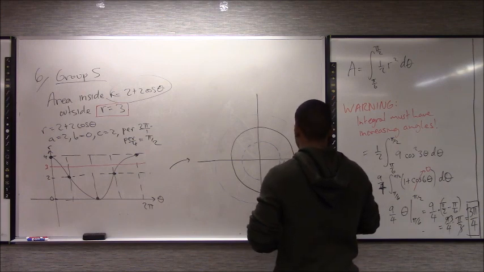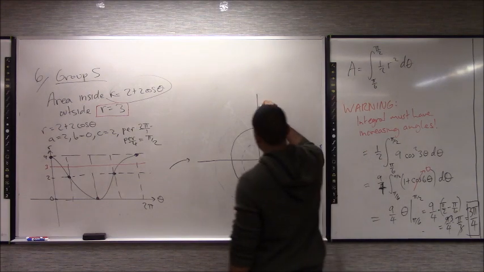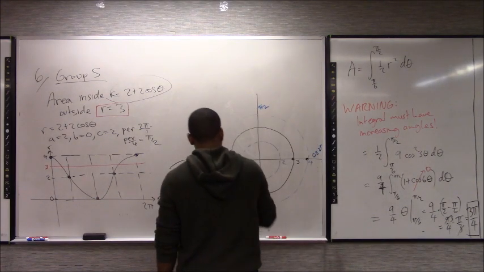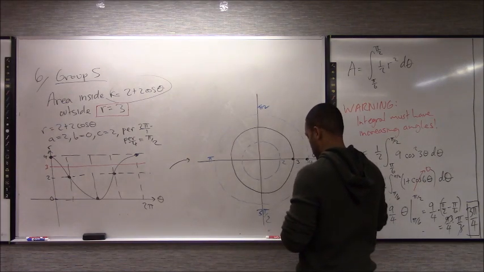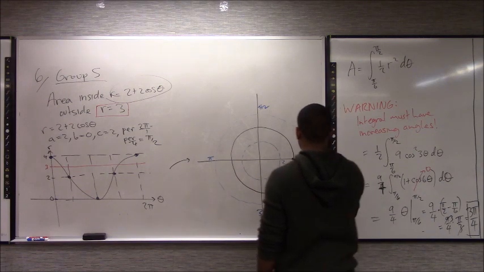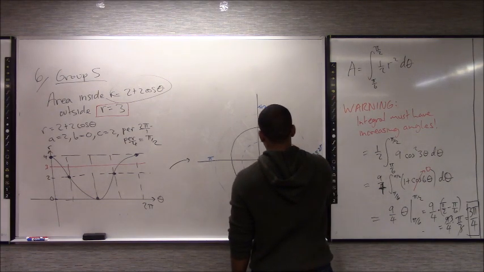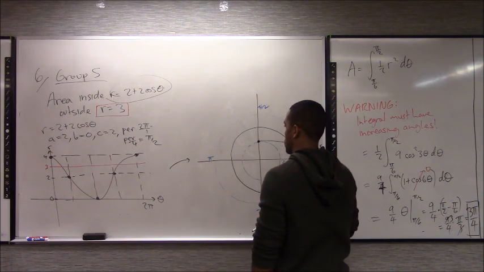Let's put in these angles here. So this angle is 0, which is equivalent to 2 pi. Then we'll have the pi over 2, the pi, the 3 pi over 2, and the 2 pi. Okay. So then we go to radius 2 at pi over 2. And then we go to 0 at pi.